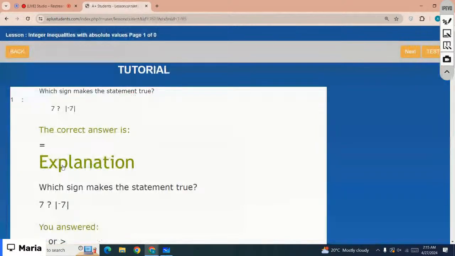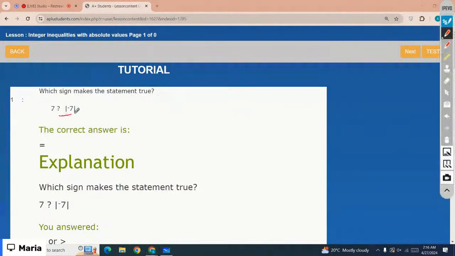You have to compare 7 and absolute value of negative 7, right? And absolute value means the positive values, right? So the absolute value of negative 7 is 7. That means you need to evaluate the absolute value. So absolute value of negative 7 is positive 7. So when we need to see which sign makes them true, that is equal: 7 is equal to 7, right? Let's just start with the test questions.